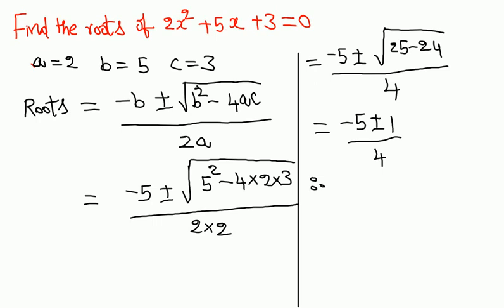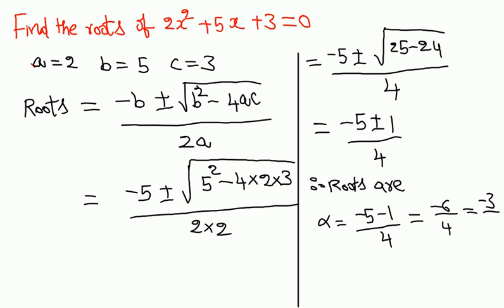Therefore the roots are, alpha is equal to minus 5 minus 1 divided by 4, that is equal to minus 6 divided by 4, that is equal to minus 3 by 2. Now the next root beta is equal to minus 5 plus 1 divided by 4.